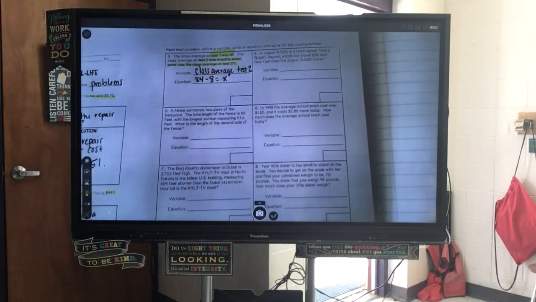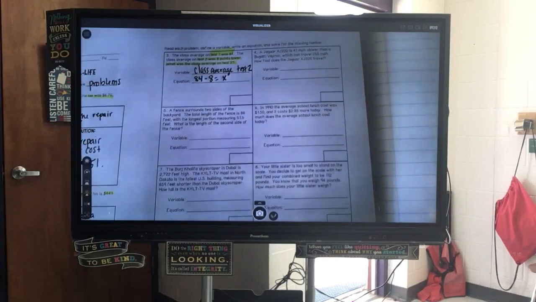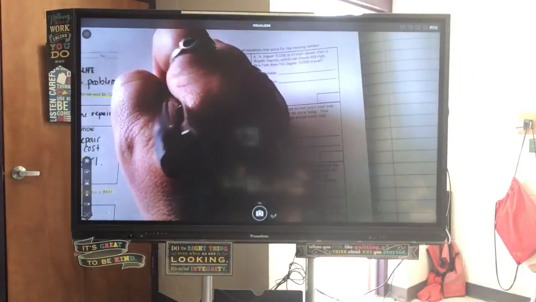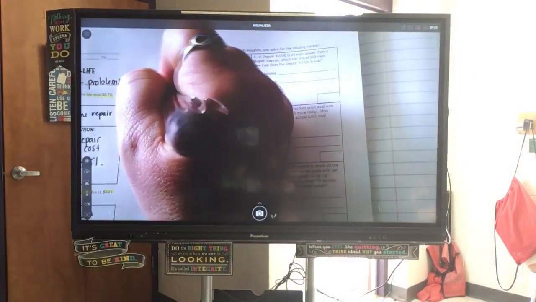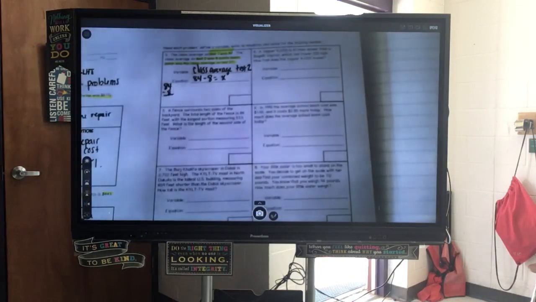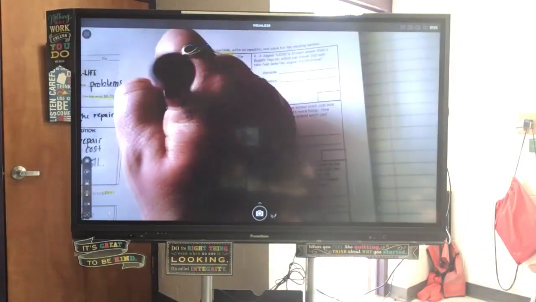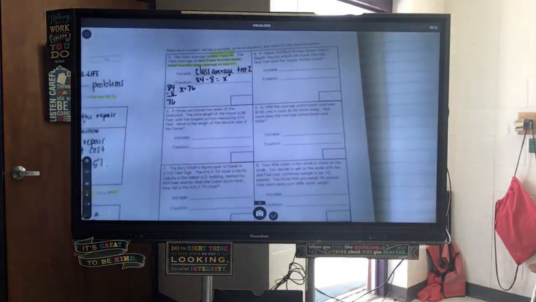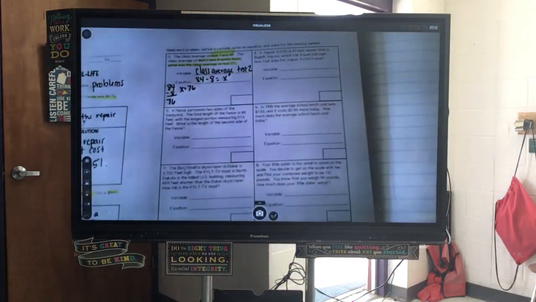Alright, and then from here, how do we solve and check? What do we need to do first? William? Subtract 8 from 84. Okay, so 84 minus 8. What does that give me? Ronnie? 76. So we're saying x equals 76. How do I know that that is correct? Well, I know that is correct because I just did math.